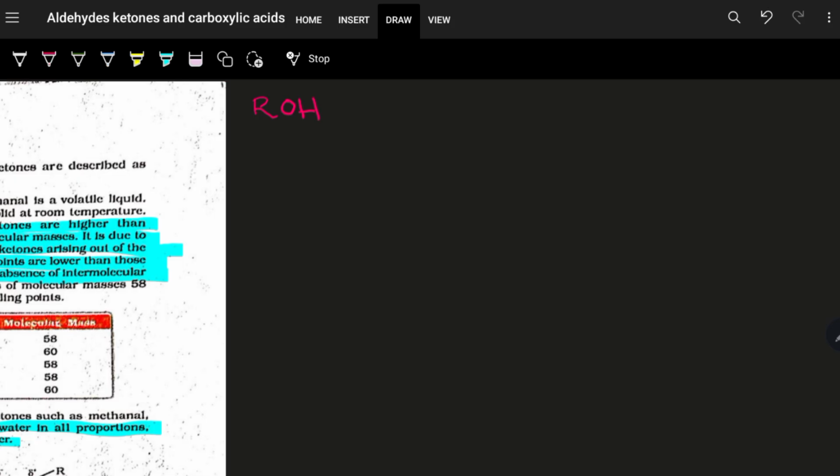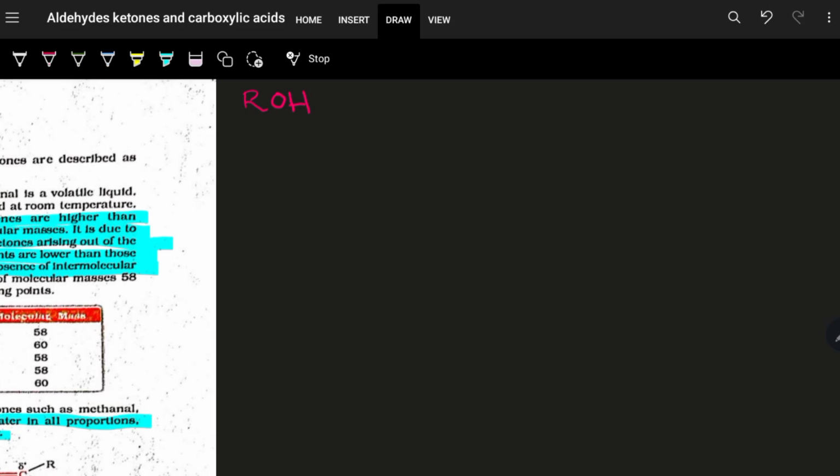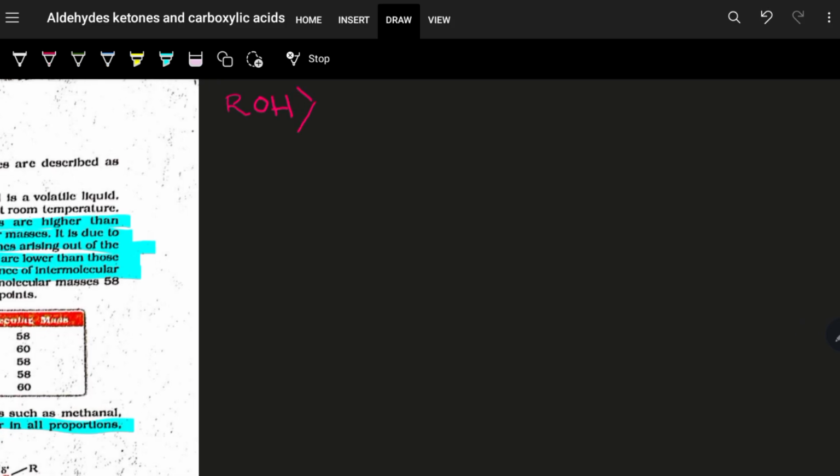Alcohols have the highest boiling point on account of the presence of intermolecular hydrogen bonding between them. Then are aldehydes. Why aldehydes? Because aldehydes have strong dipole-dipole interaction.